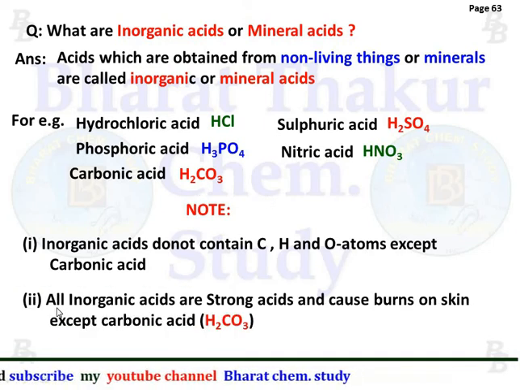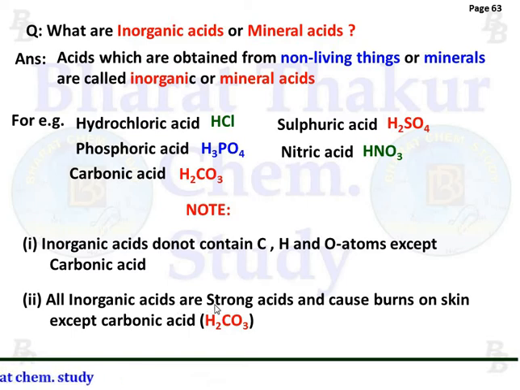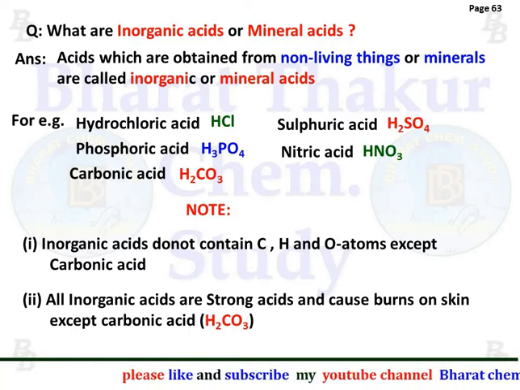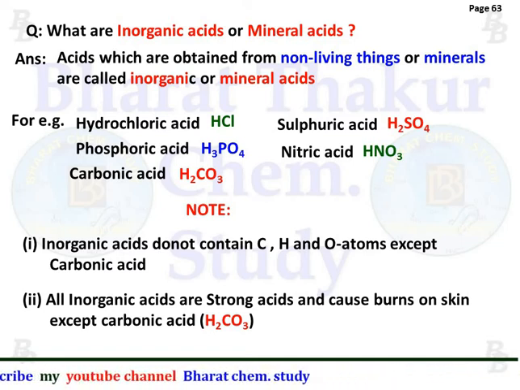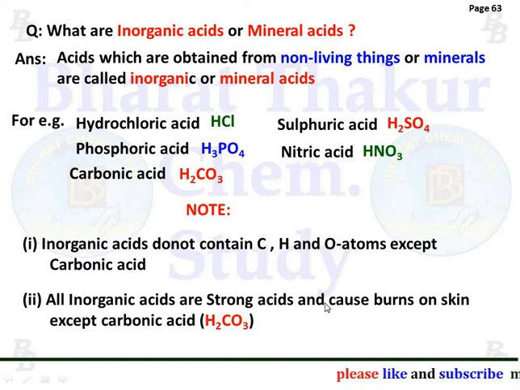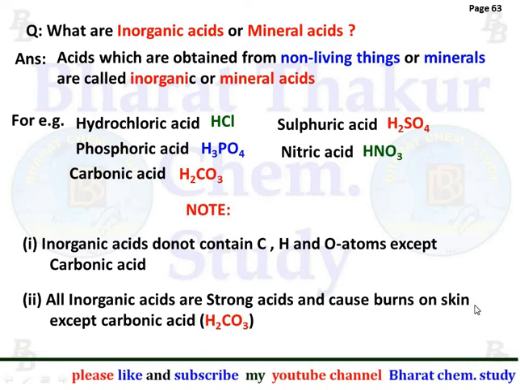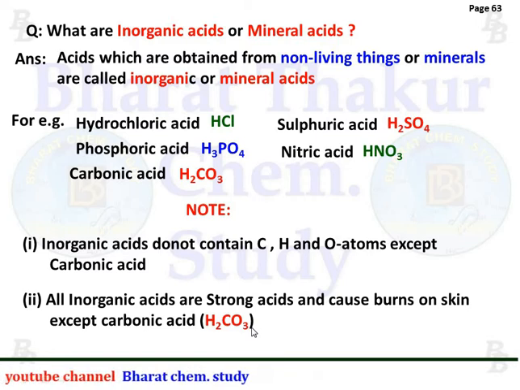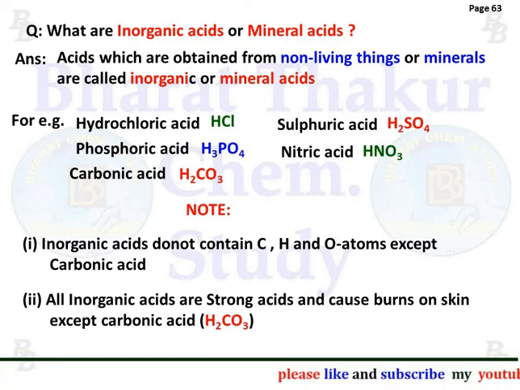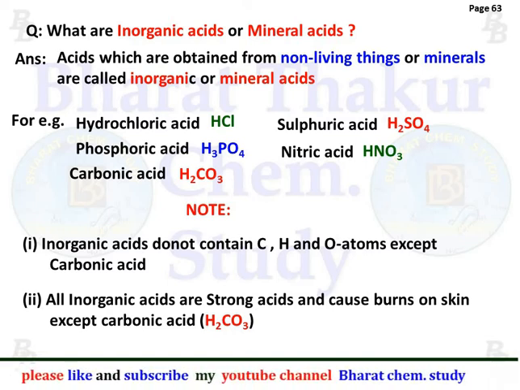The second point is that all inorganic acids are strong acids. We have studied earlier that organic acids are weak acids, but all inorganic or mineral acids are strong acids and they cause burns on skin, except carbonic acid. So what we have learned from this is that all mineral or inorganic acids are strong.